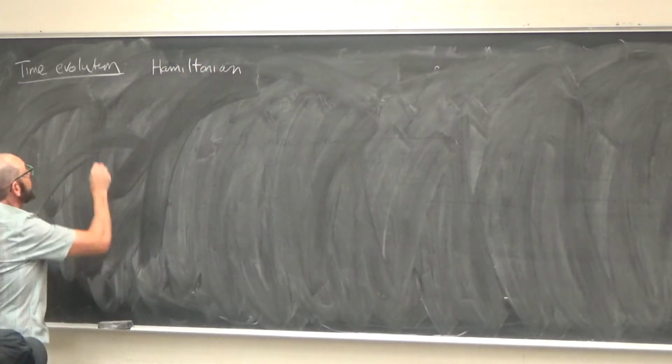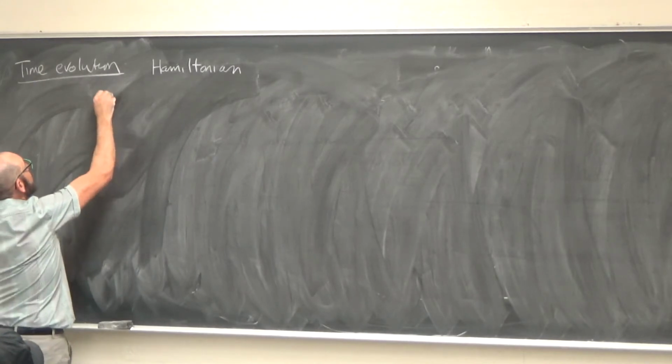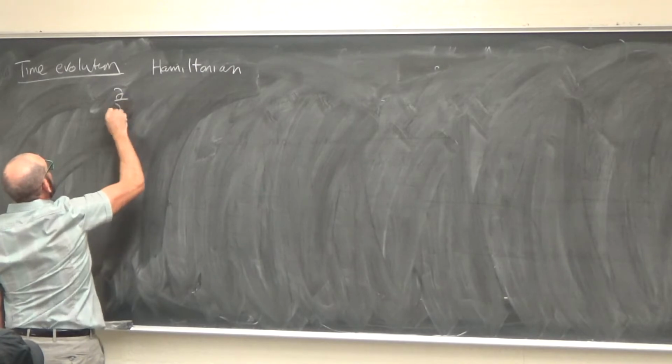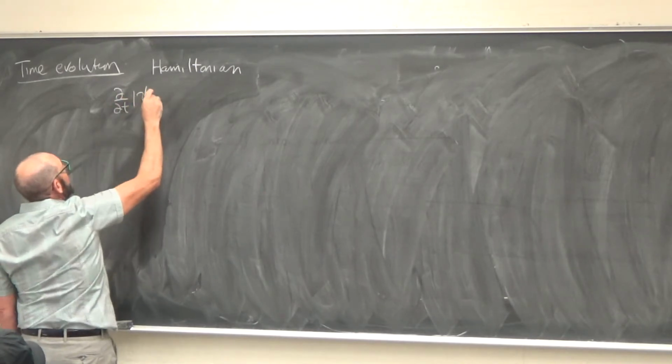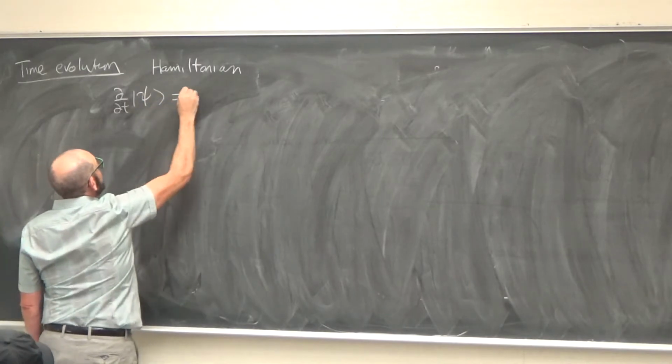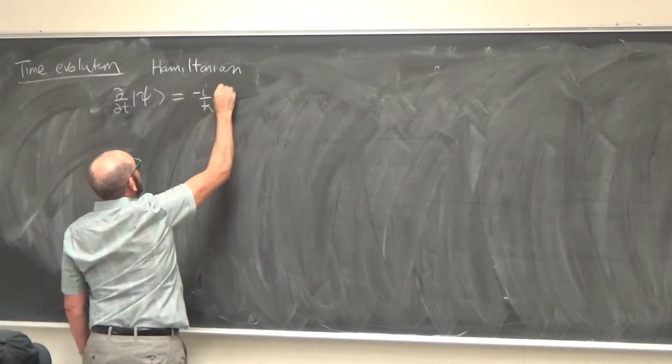Right? Of course, if I have a pure state written as a vector in Hilbert space, then we have the Schrodinger equation.